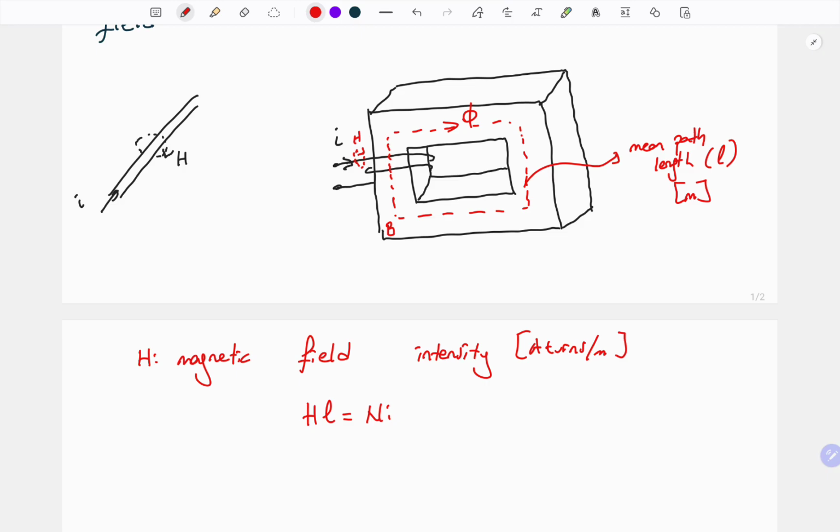In addition to that, after H, we must transfer to B, as we need to go through the magnetic core.